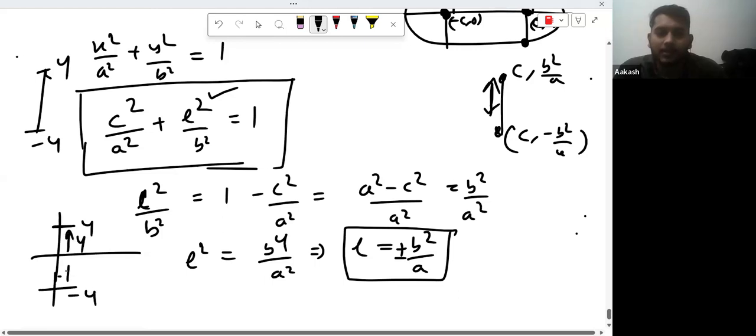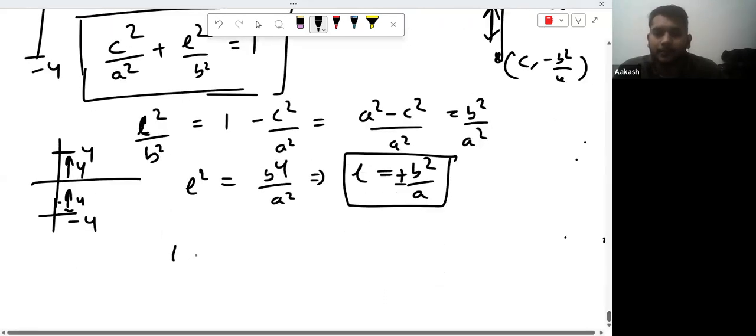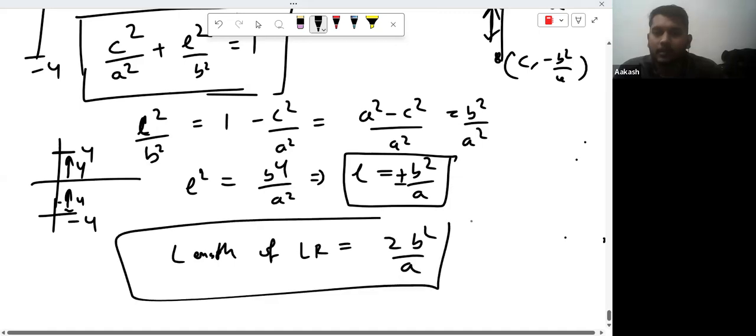This distance is 4, and this distance is 4. Very simple. So the total length of LR is 2b square by a. Okay? Right? Note it down.